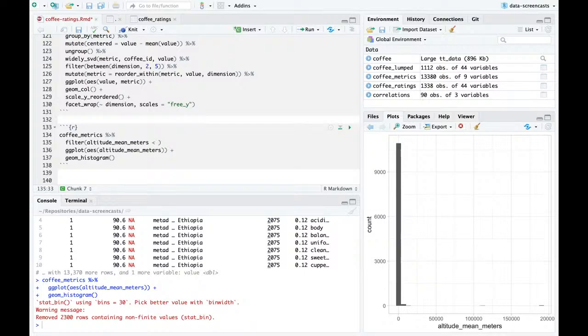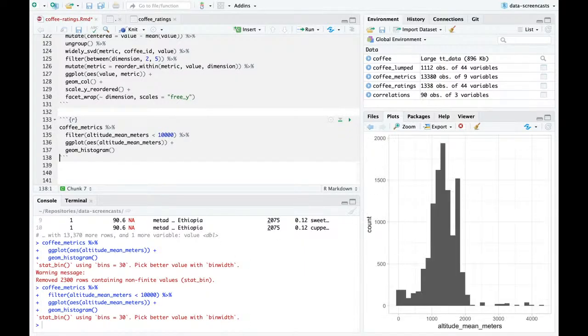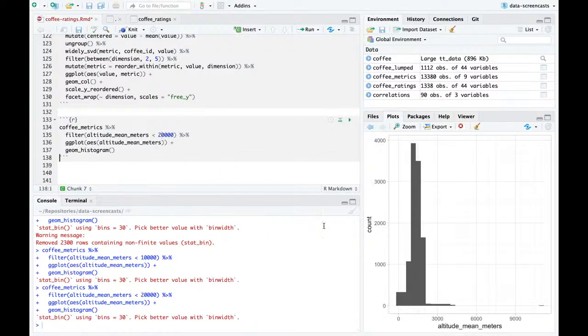How high could it be? I don't know. 10K feels like a lot. Within this range, it looks somewhat normal. Then we sort of have a long tail. If I increase it, then we have a couple other things.